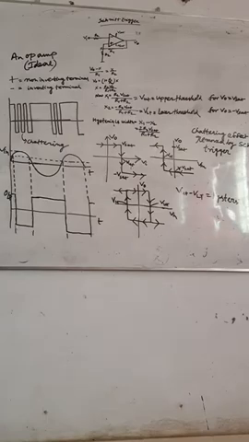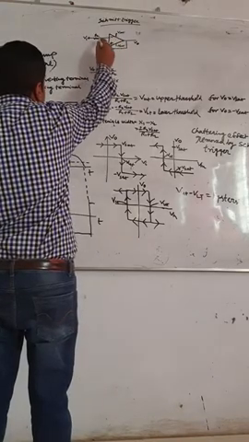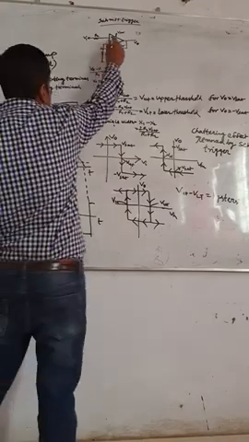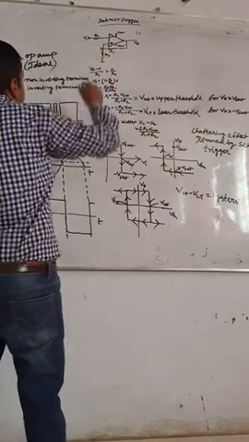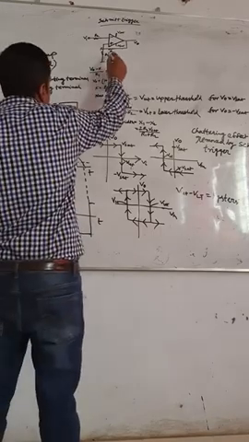So let us check the mathematical calculation of the Schmitt trigger. Here V1 is connected through a resistance to the inverting terminal. The non-inverting terminal has two resistances connected, R1 and R2.